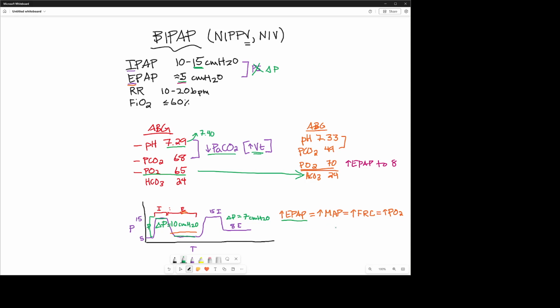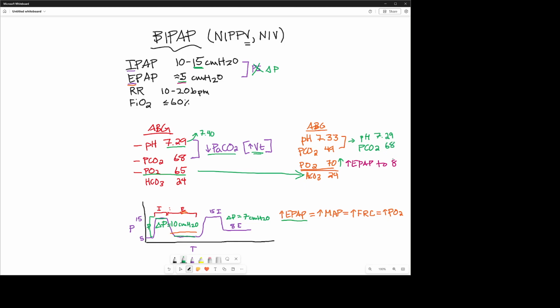So what's the net result here? We might see our PO2 increase and think, okay, awesome, we fixed the oxygenation issue. But if we're not careful and paying attention to our settings and the difference between the two, we could cause this blood gas to shift towards the acidotic state again. Let's say we're back where we started.